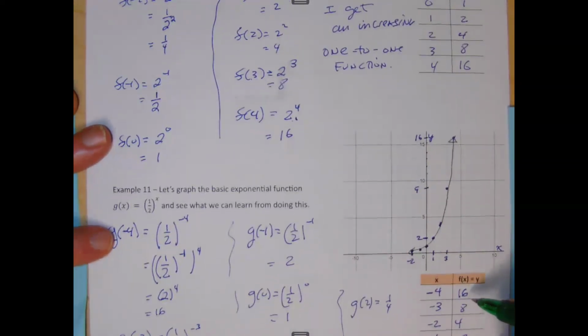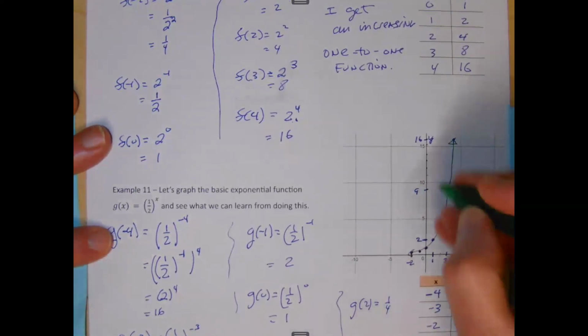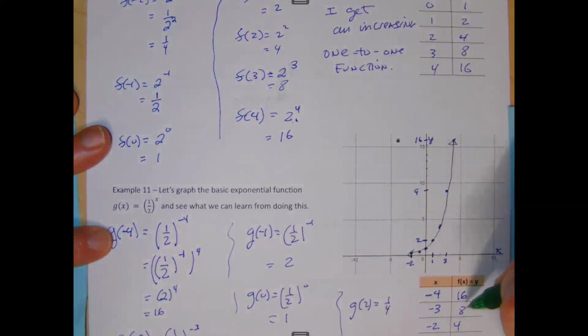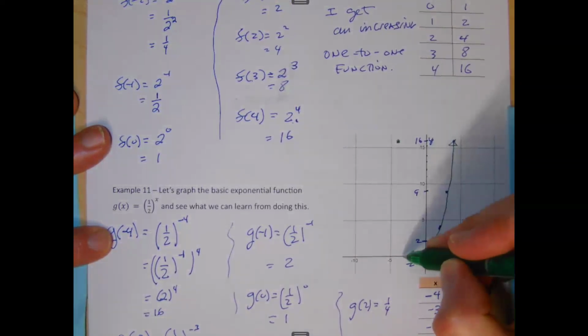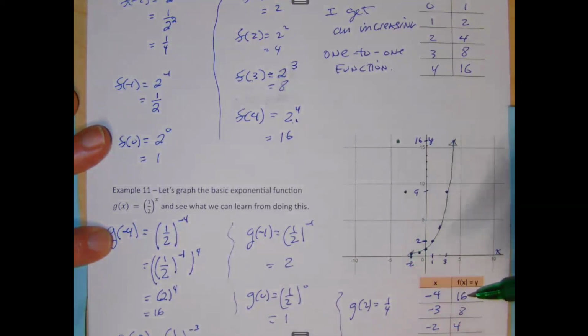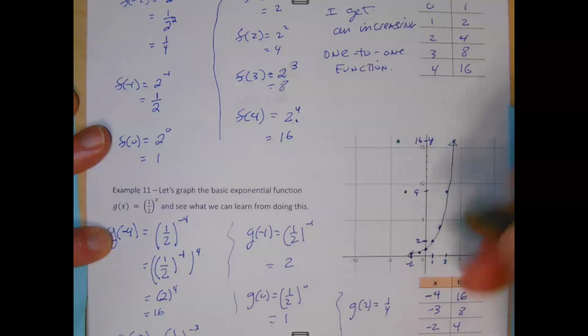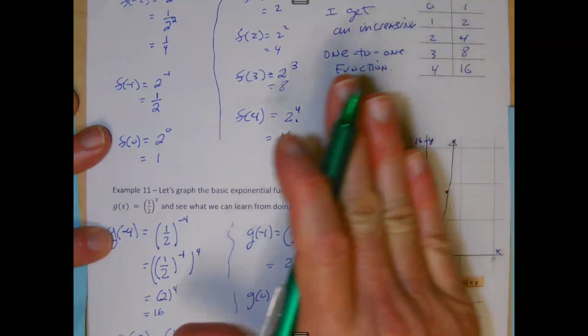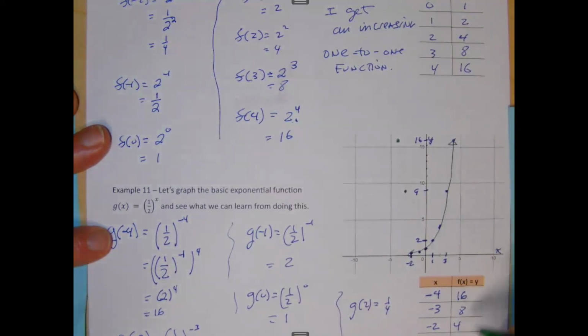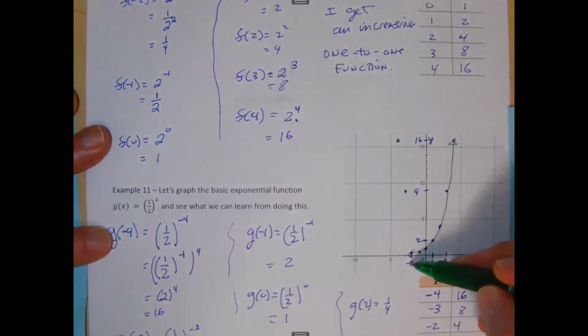Okay, for -4 it is 16. -3, it's right here, and that gives me 8. And notice, wait a minute, it seems like it's just flipping across this axis, isn't it? Isn't that what just happened? Yes, as you're going to see, I already mentioned it previously, but I'll mention it one more time until it becomes obvious what's happening. -2 is 4.